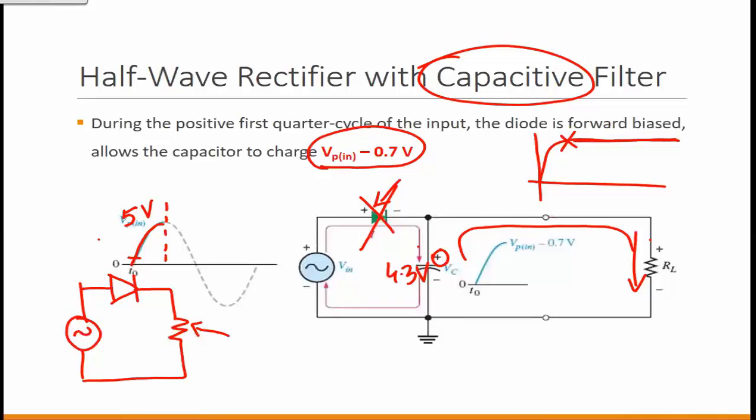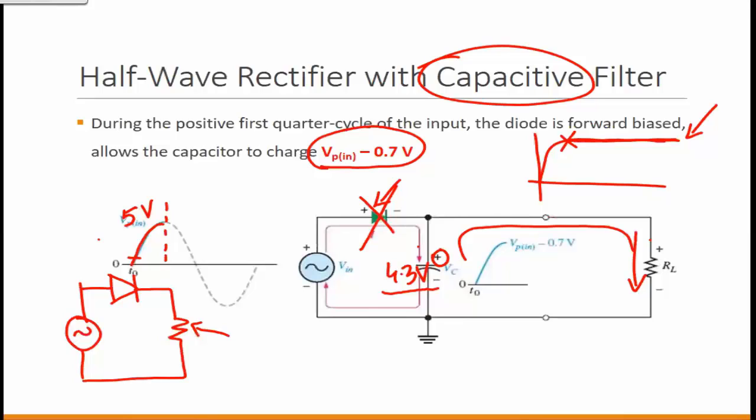How much voltage do we want the capacitor to lose if we are looking at this signal type? We don't want to lose any of the signal, is it correct? Ideally, this is what we are expecting. Once the capacitor charges to 4.3 volts, we want to hold that charge so that we can get a perfect straight line, correct?